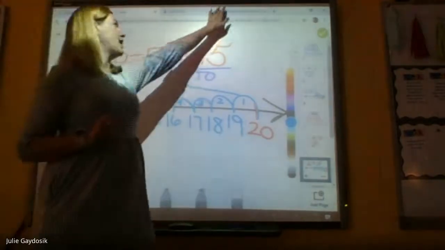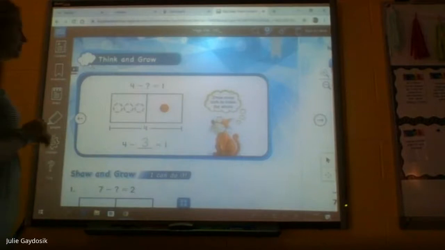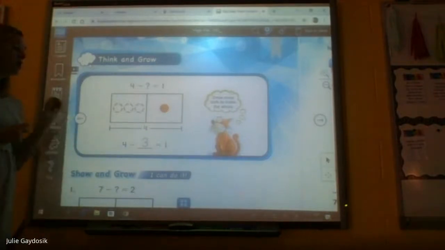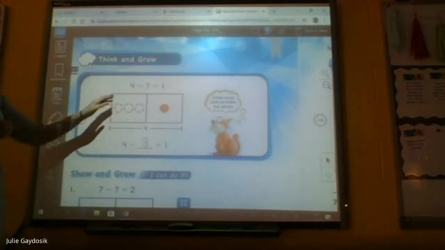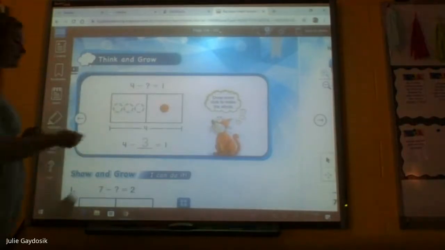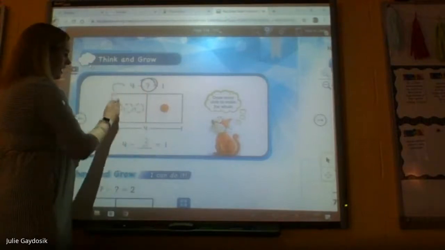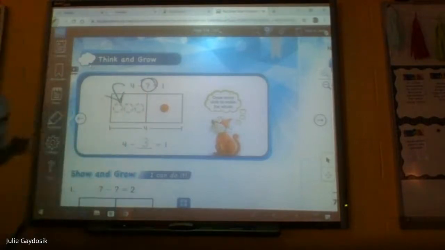All right, let's hop right into our lesson. For your subtraction equations, you are going to be solving and finding that missing number. What's important is that when it is the second number that is missing, the unknown number goes in this first part of this box.